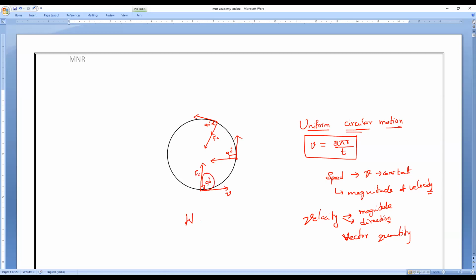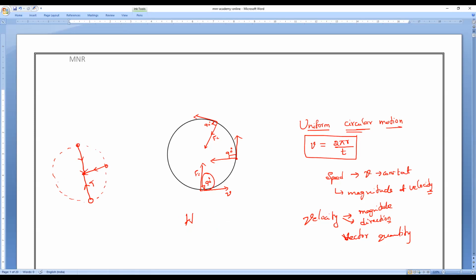So what is the work done by the centripetal force, everyone? Or the work done by tension. If you take, for example, a rope and a bob that is continuously revolving in a circular track, what is the work done by the tension at every point? Anybody?